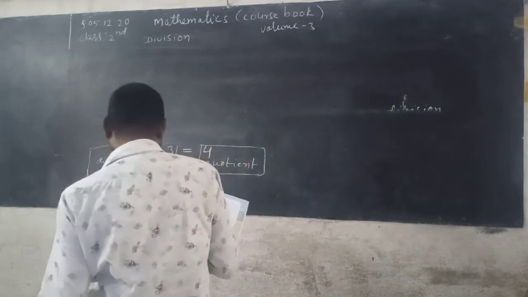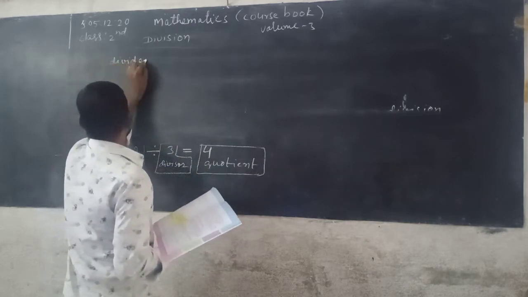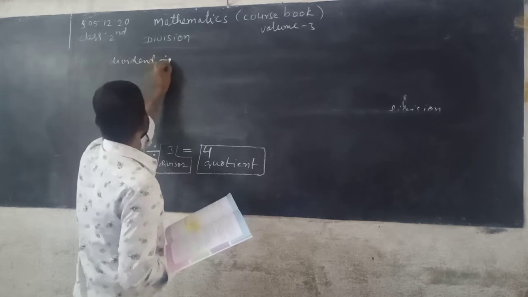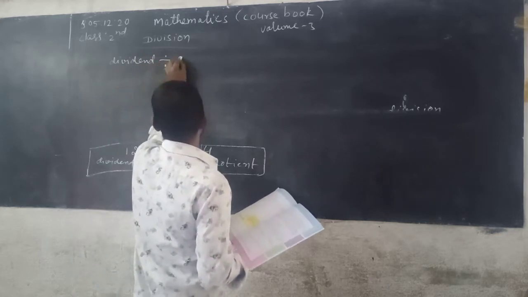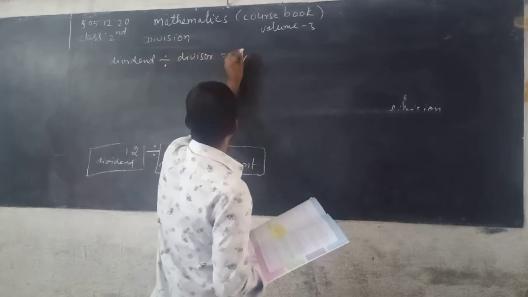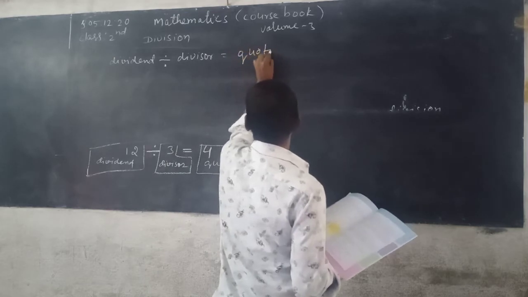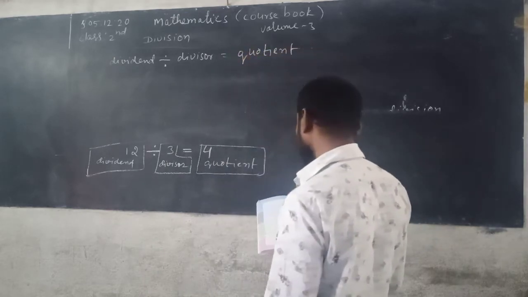Dividend, division symbol, divisor: dividend divided by divisor, you can get the quotient.